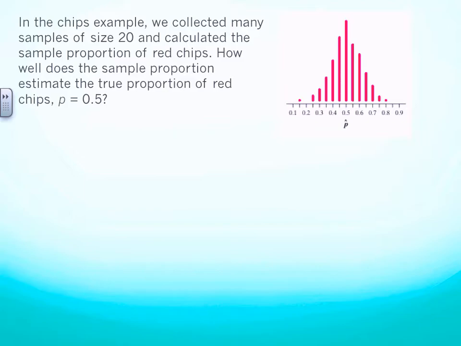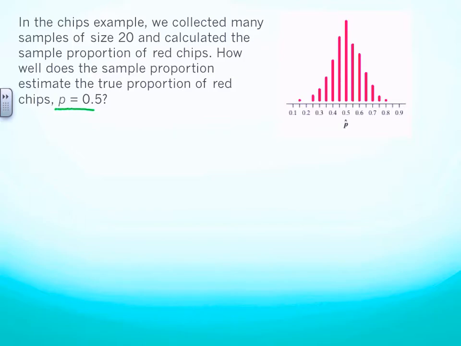So we're going to want to reflect on the last video where we said that for an unbiased estimator, we want to look for the distribution being centered at the true proportion.